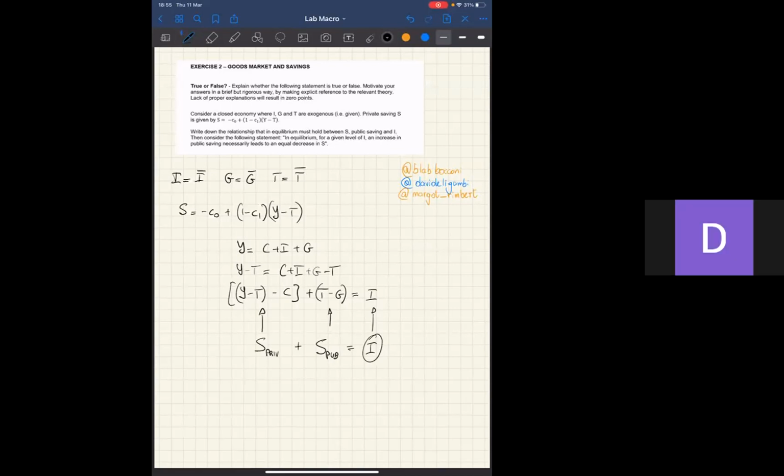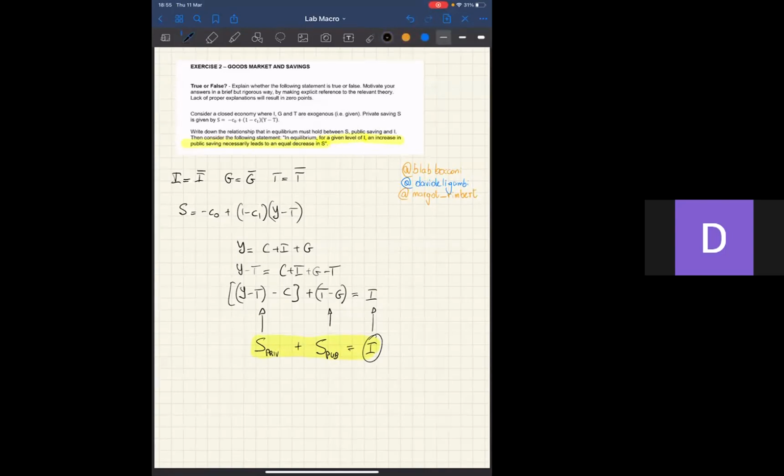Therefore, they asked us to write down the equilibrium relationship between private saving, public saving, and I, which is this one. So we found out the relationship should be this one. And they are also asking us to comment on this statement: for a given level of I, an increase in public saving necessarily leads to an equal decrease in private saving.